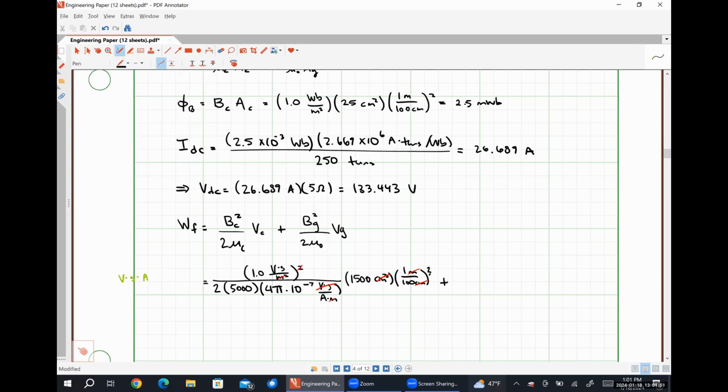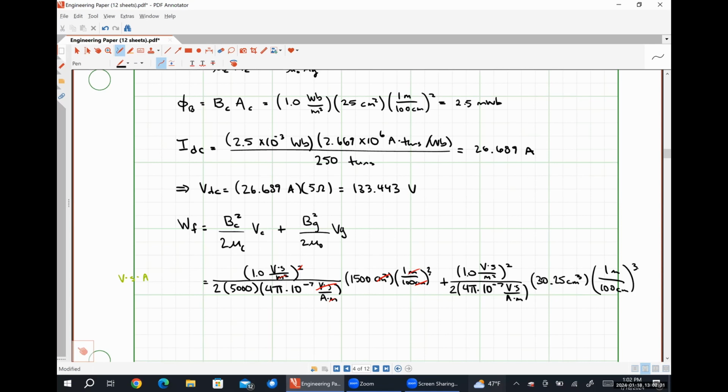Doing the same thing over here, 4 pi times 10 to the minus 7 volt second per amp meter. Sorry, there should be a factor of 2 there that I missed. Let's see, 1.0 volt seconds per meter squared, quantity squared, 30.25 centimeters cubed, and then 1 meter per 100 centimeters, quantity cubed.